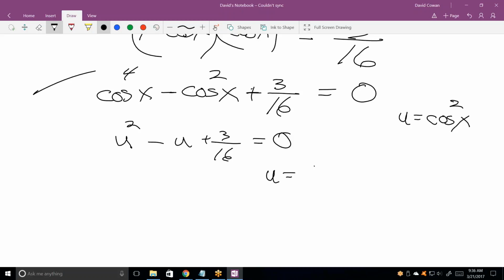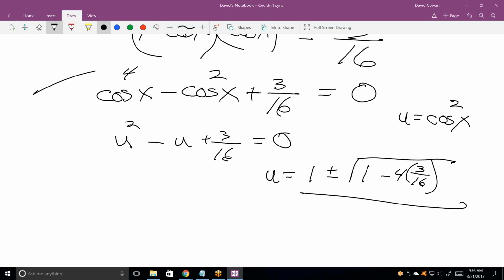minus b plus or minus the square root of b squared minus 4 times 1 times 3/16 all over 2.